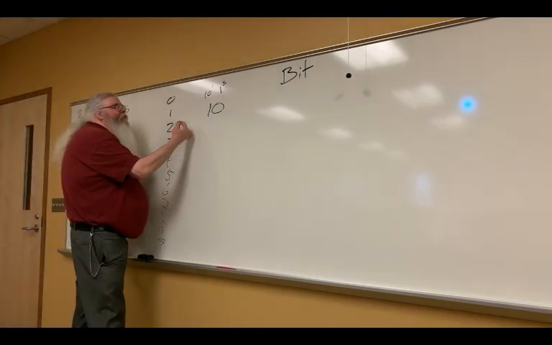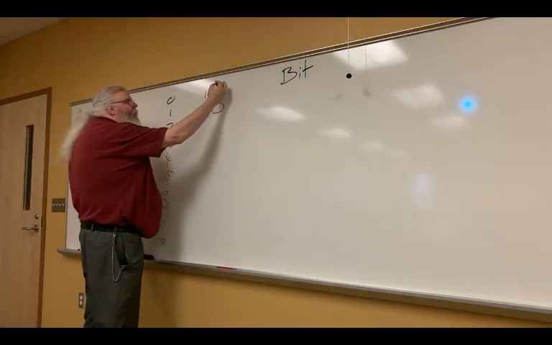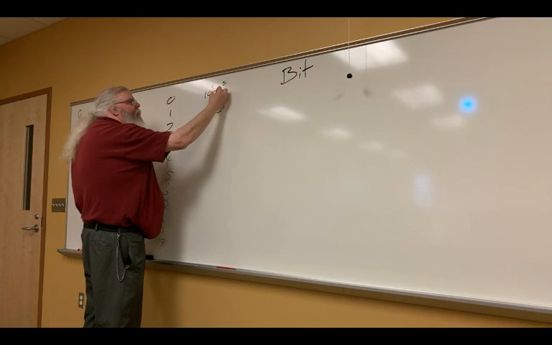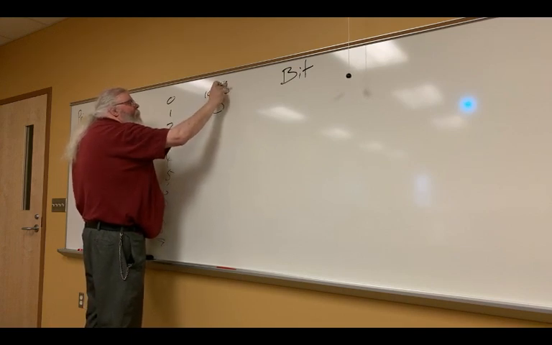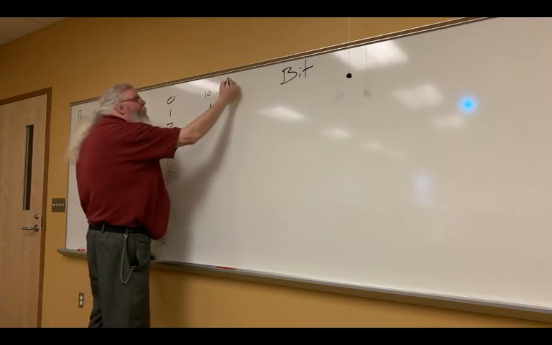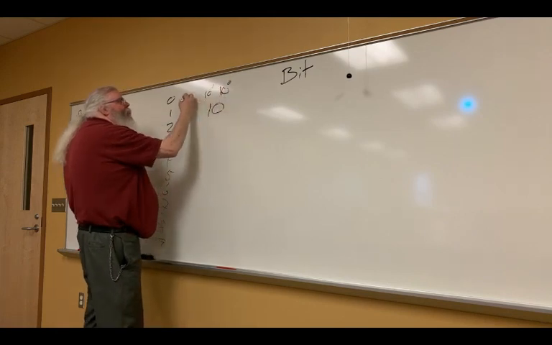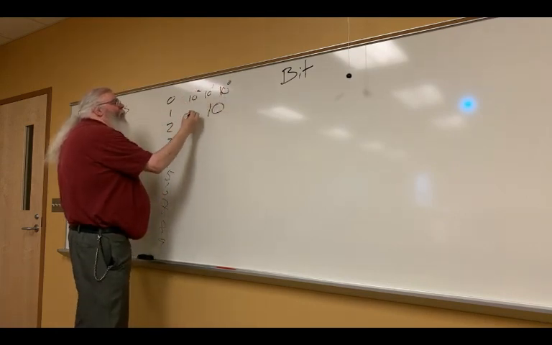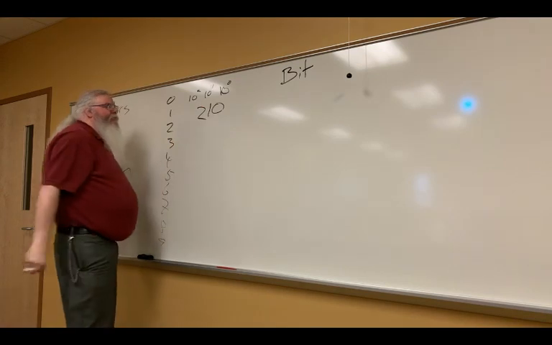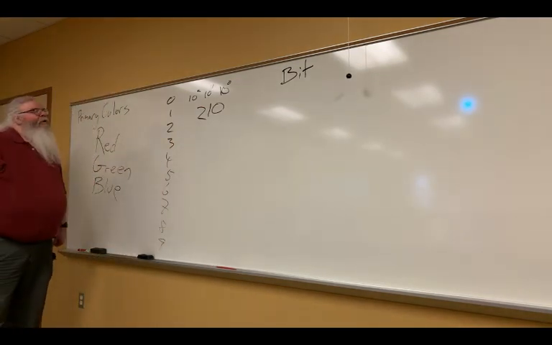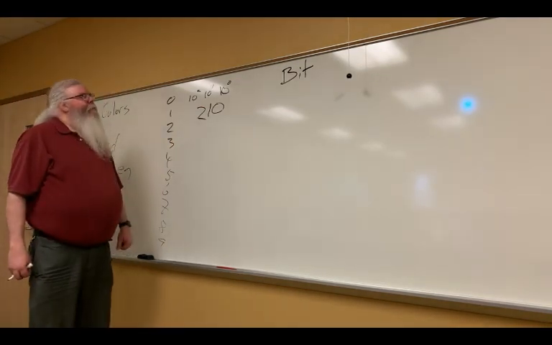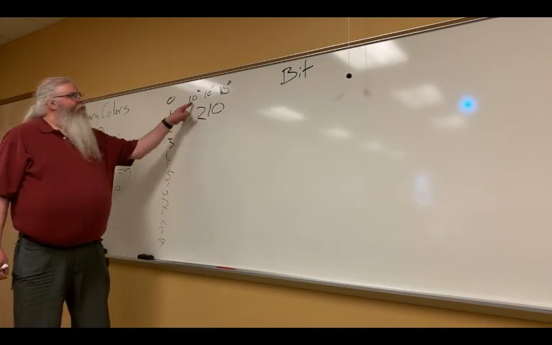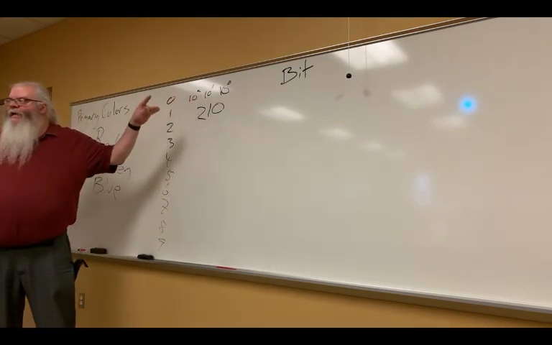What we're actually doing is 10 to the 0 power, 10 to the 1 power, 10 to the 2 power. Let's use 3 digits. We'll use 210. What's happening here is that this is what's known as base 10.